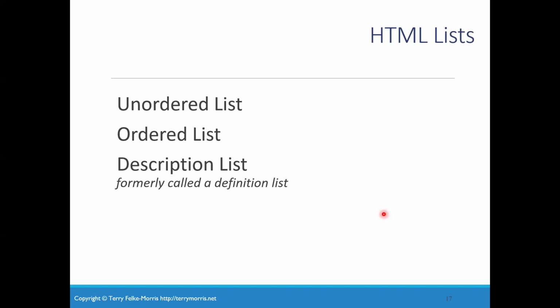Okay. Now in HTML, we have what we call lists. Just like in real life, when you want to list something, maybe your hobbies, you write one, this, two, that, three, that. In HTML, you can do the same thing. We have three types of lists: unordered list, ordered list, and description list.